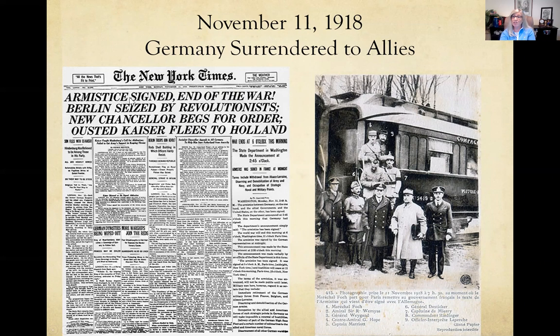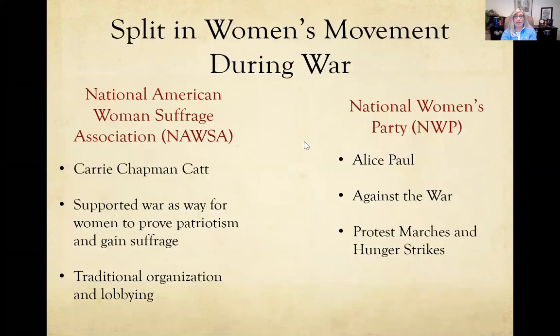They sign an armistice. An armistice is basically a ceasefire. They've not negotiated any of the terms of the treaty, but they're agreeing to halt the fighting on November the 11th, 1918.